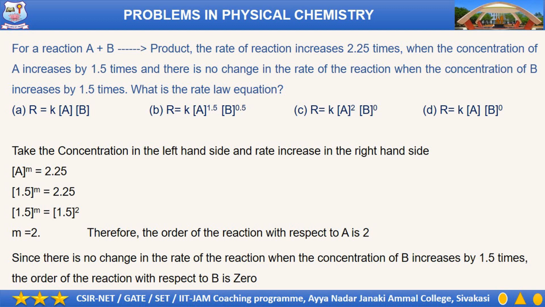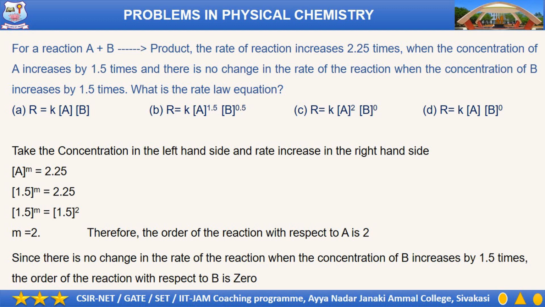Look at the variations given in the problem. When the concentration of A increases 1.5 times, the rate is increased 2.25 times. If it is given like this, you can easily derive the rate law equation. Take the concentration on the left hand side and the rate increase on the right hand side.